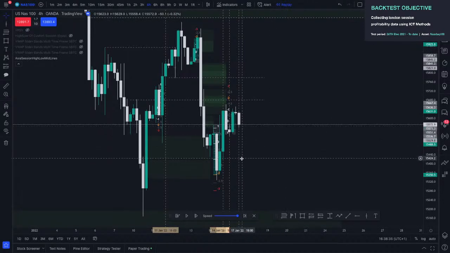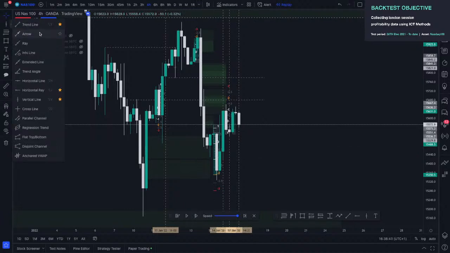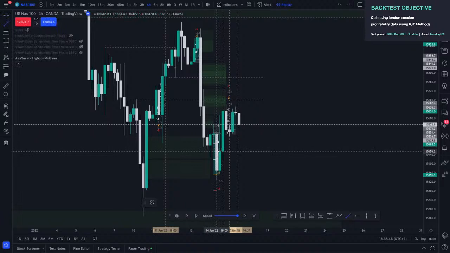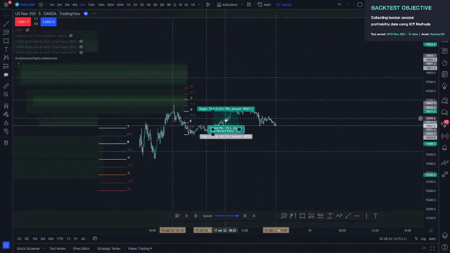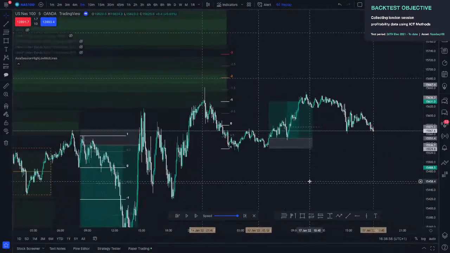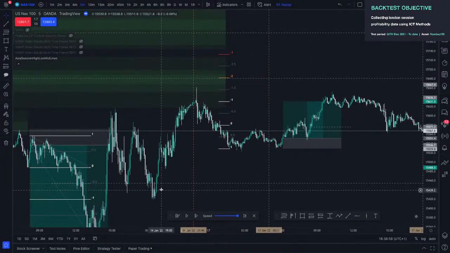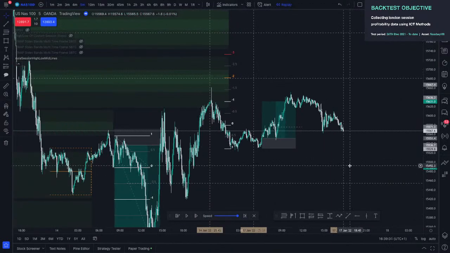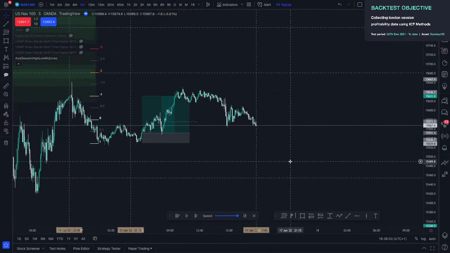Directional bias bearish, at least up until this point. If I can get a trade up until this point, I should be fine. Which is probably not going to be that easy, but funnily enough, there's an imbalance down here as well. Yeah, let's see.